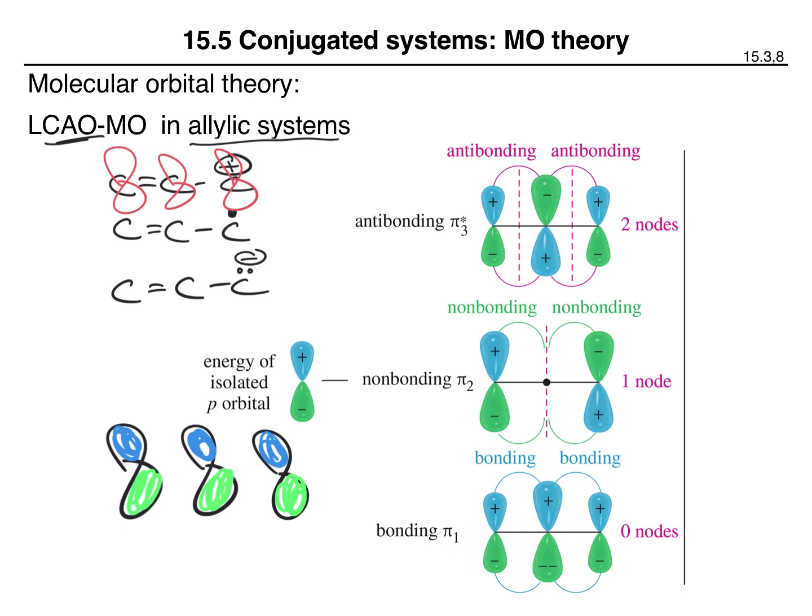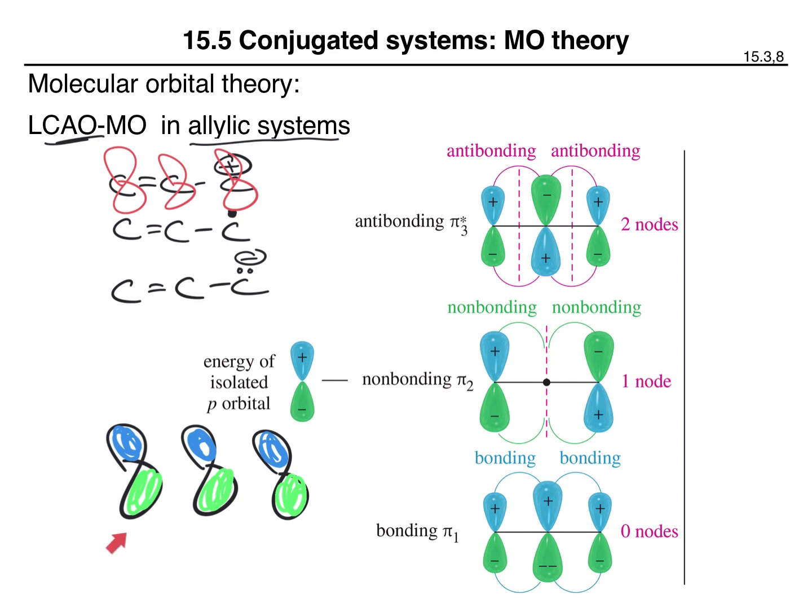Another possibility is that these outer ones are in phase, but the middle one is in the opposite phase, and that means we're going to get 2 nodes here, and that's what we have in the top molecular orbital. And then the third option, which doesn't look as obvious, if this one and this one are in opposite phase, and then this is just a node, that gives us the middle molecular orbital.